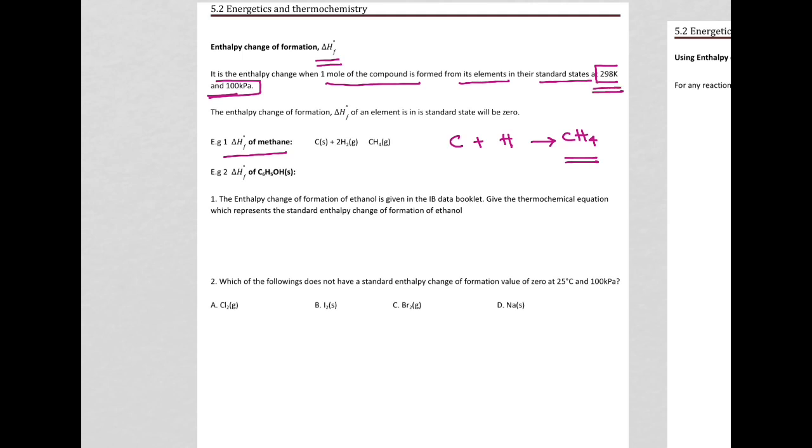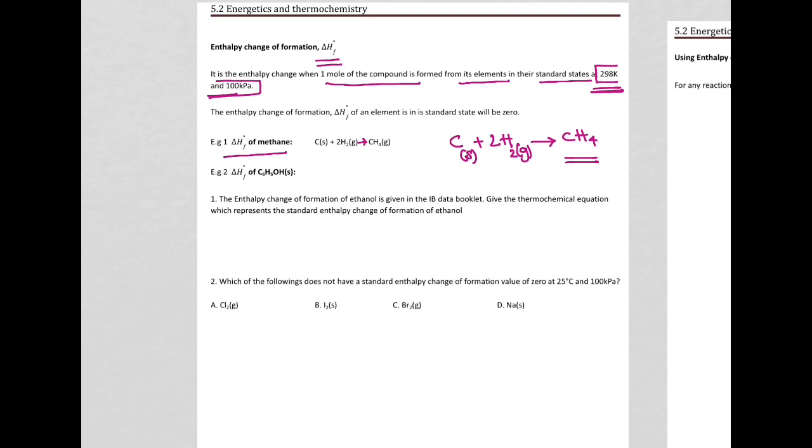Carbon is solid and hydrogen is gas. So methane is formed from its elements in their standard states, and under these conditions hydrogen exists as H2 gas. So this is the equation for enthalpy of formation of methane. So just add an arrow here.